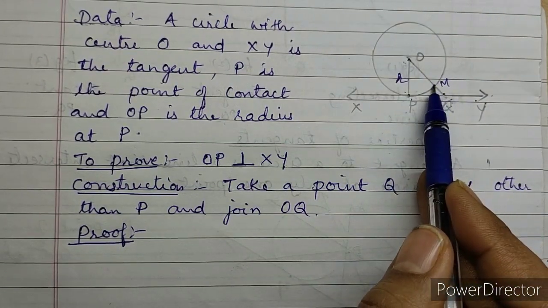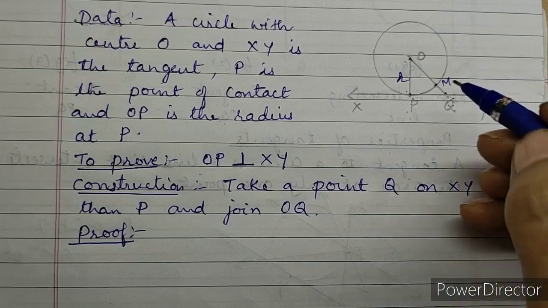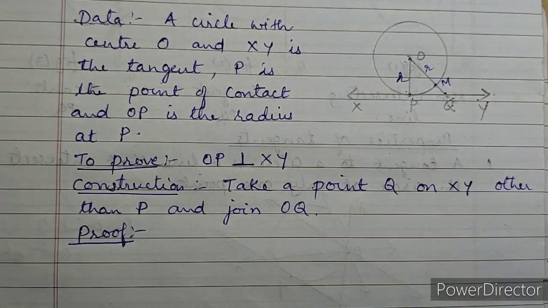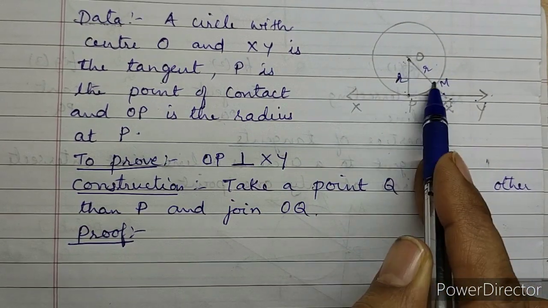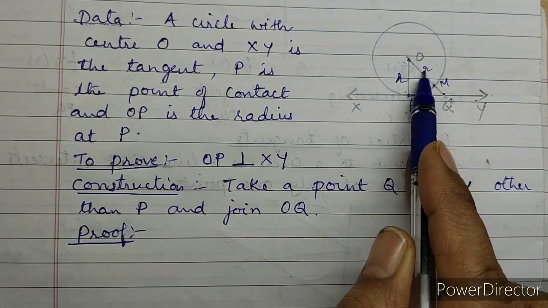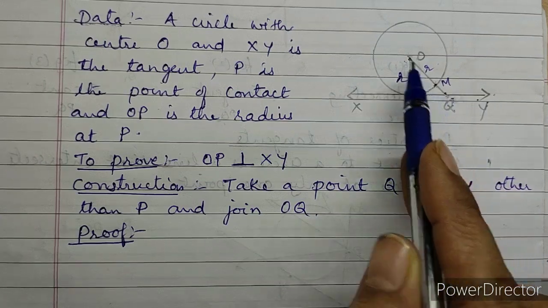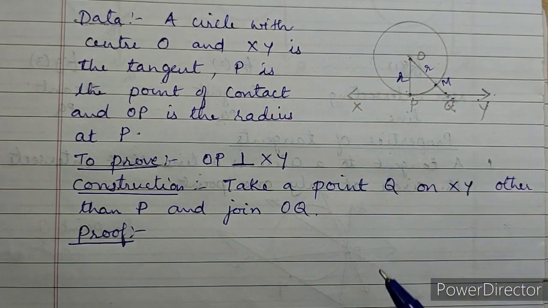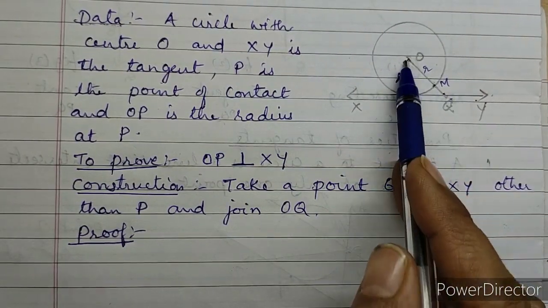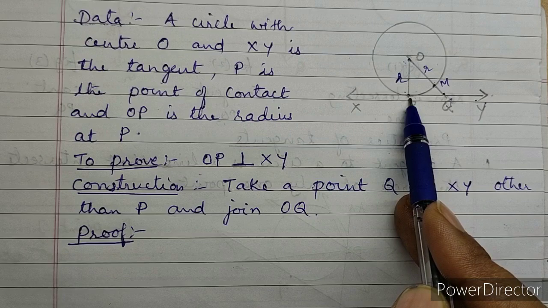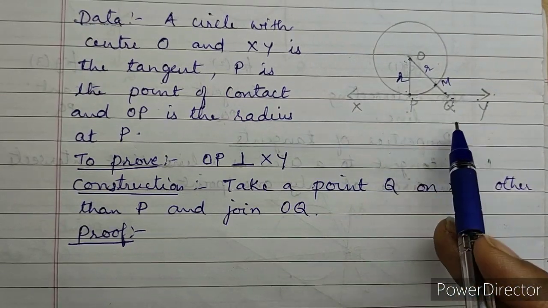What is OM? OM is also radius of the circle only, so you can mark here also R. So OQ is OM plus MQ or R plus MQ. So obviously OQ is greater than R, or OQ is greater than OP, or OP is smaller than OQ.